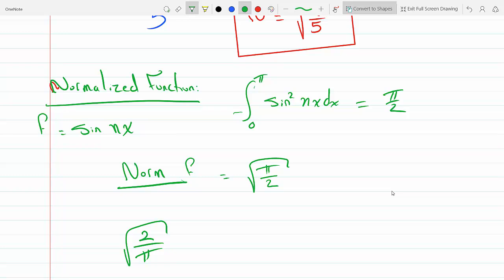The same thing applies in functions. So when you take the reciprocal of the norm, in other words, n to the minus 1, multiplied by sine nx, you're supposed to get 1. That's the whole idea behind normalization.